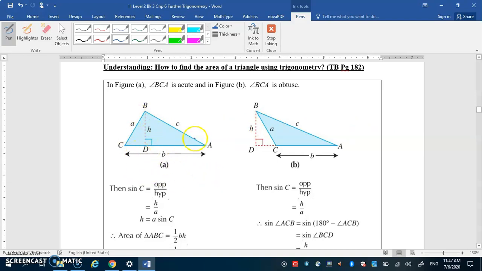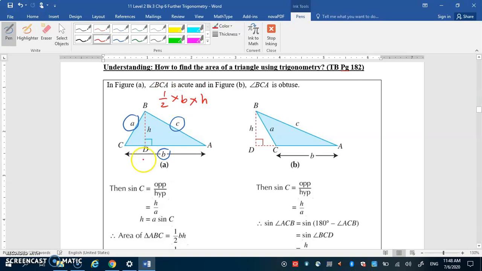Okay, we have vertex A, B, C, and opposite vertex A we have side A over here, opposite vertex B we have side B over here, and opposite vertex C we have side C over here, like what I just mentioned. So if I were to say find the area of this triangle, what is the formula for area of triangle? It is just half times base times height.